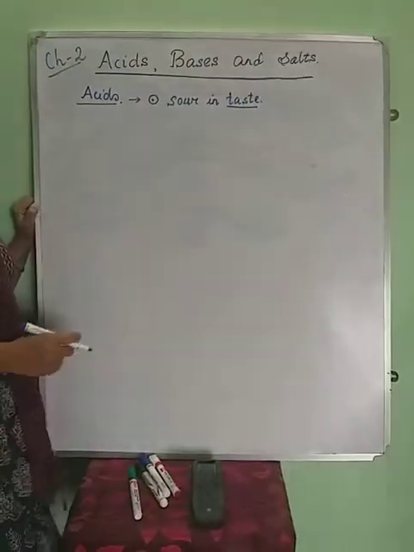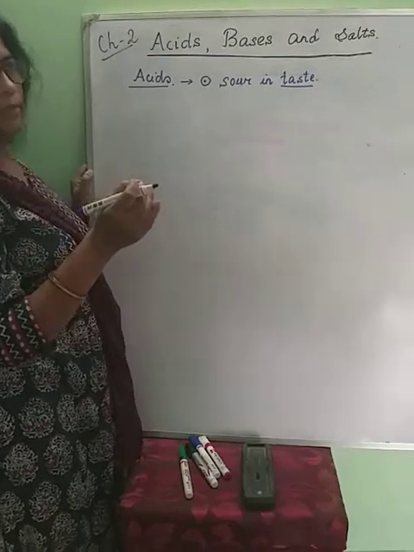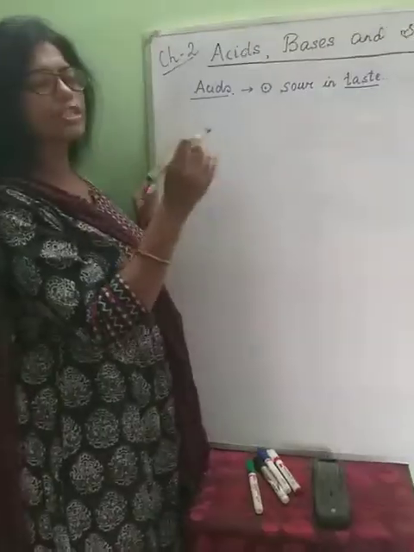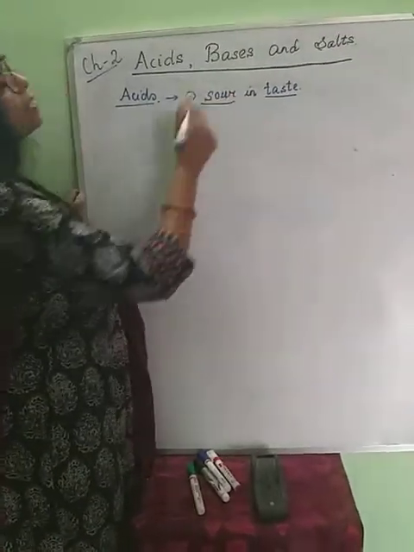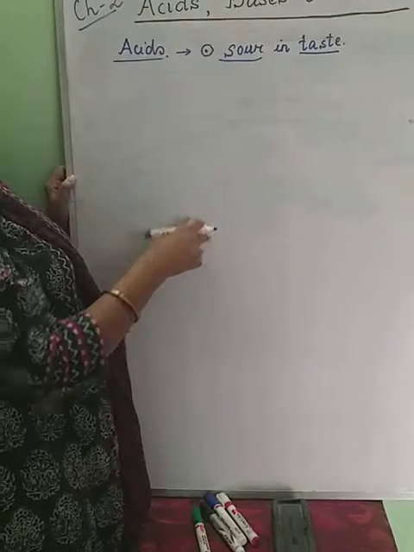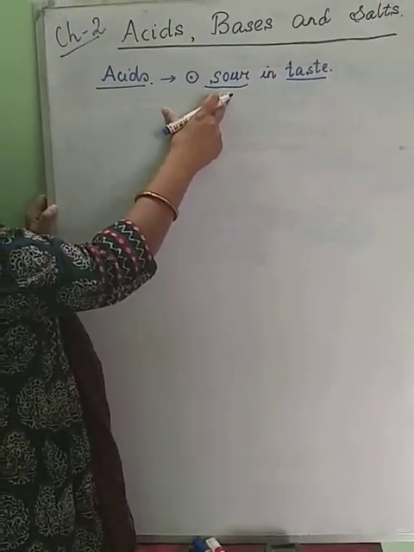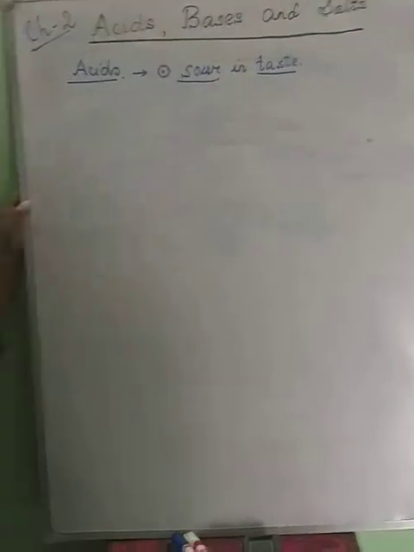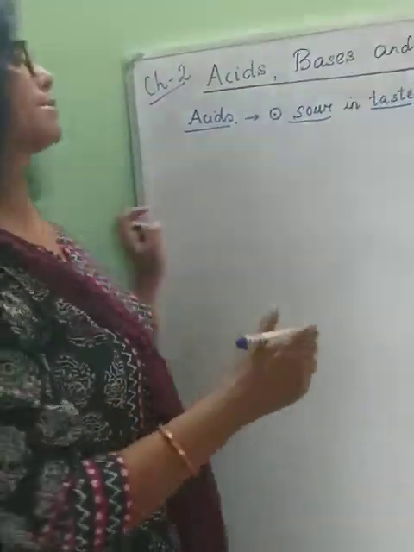For example, citrus fruits, the lemon, oranges and all other such foods contain ample quantity of vitamin C, that is called ascorbic acid. The chemical name of vitamin C is ascorbic acid.